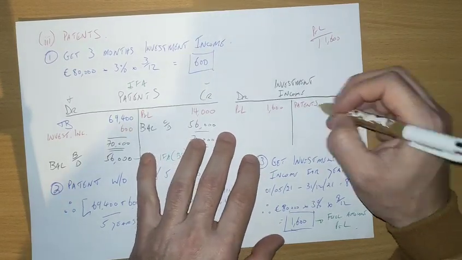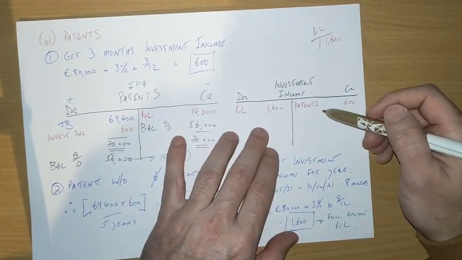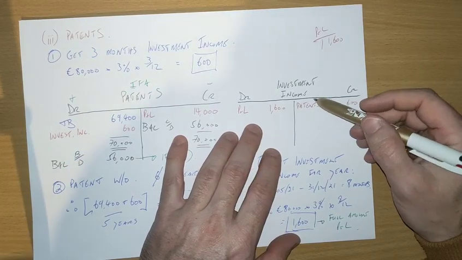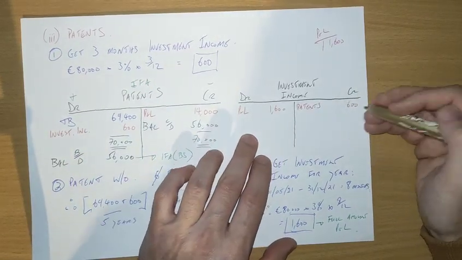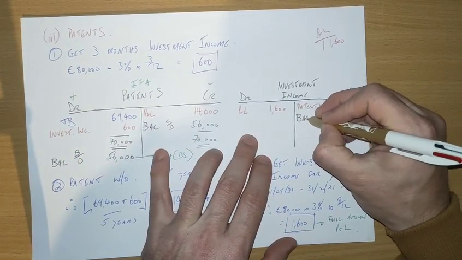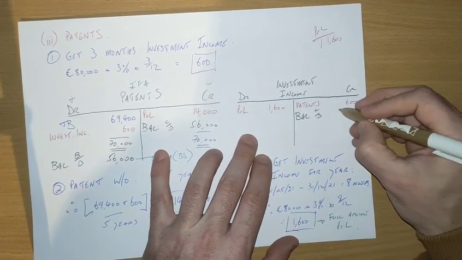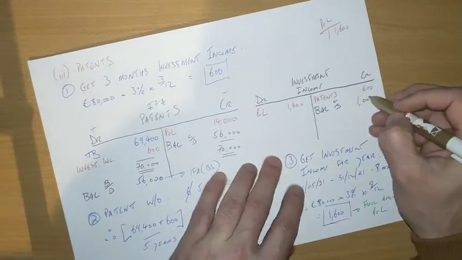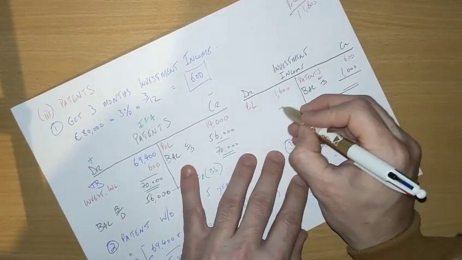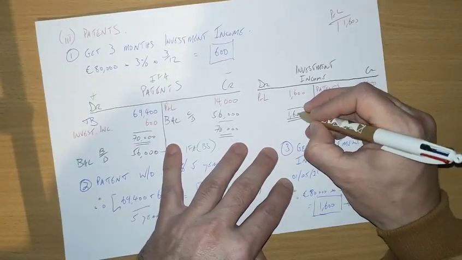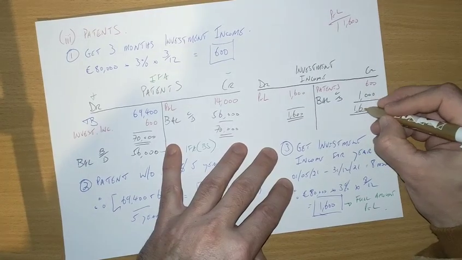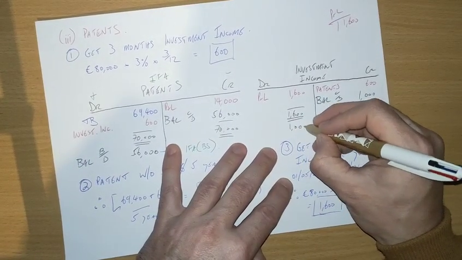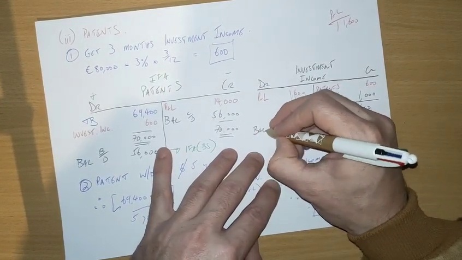Sometimes an income account, especially an investment income account, could turn into an asset account, and it looks like this is going to happen because if we take these two figures, we're trying to balance this off. You'll end up with €1,000. So close it off. So that's 1,600. So you're left with 1,000. Balance brought down.